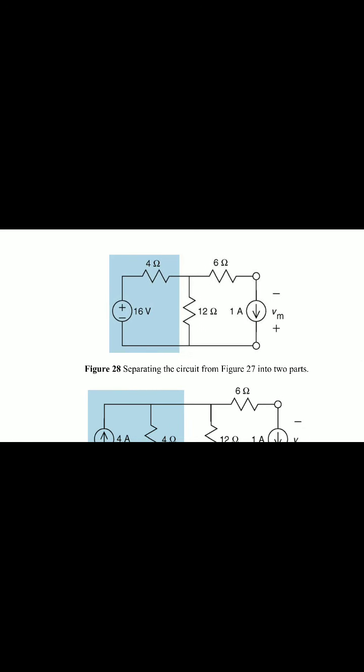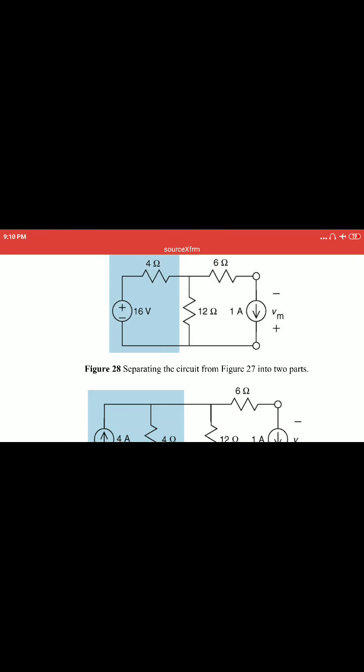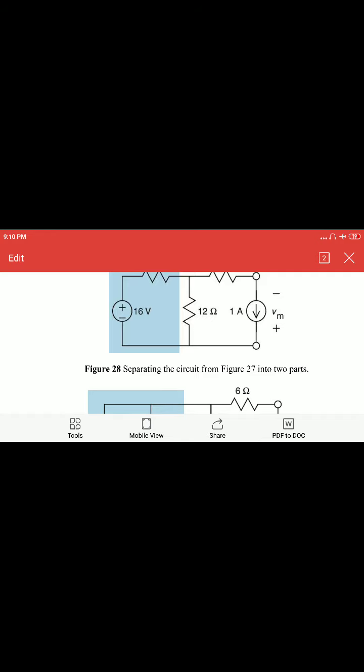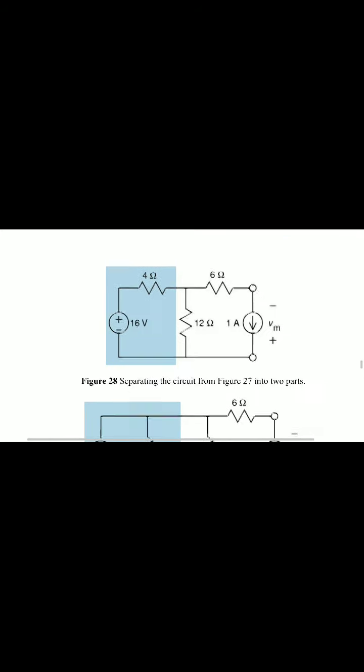16 volts, 4 ohms. So here the 16 volts is the voltage source that is in series with 4 ohms.